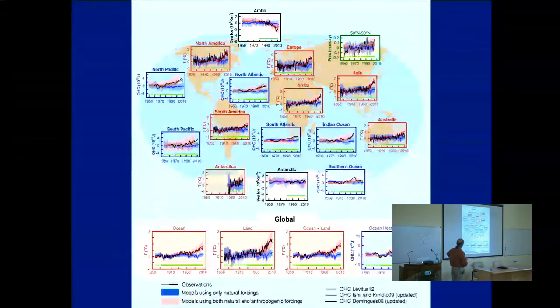There's also ocean heat content here, where some work that I've been involved in has looked at different ocean basins: the Southern Ocean, South Pacific, North Pacific, North Atlantic, South Atlantic. Ocean heat content also shows that separation.